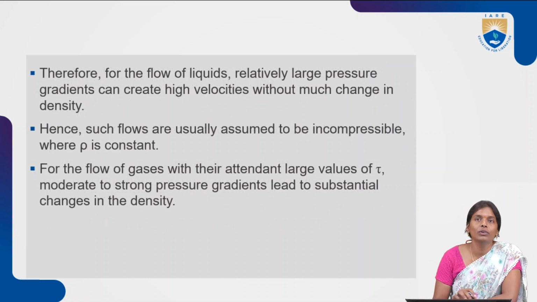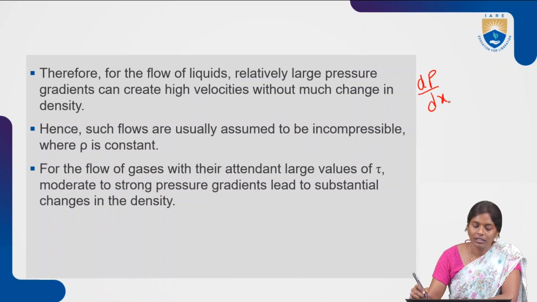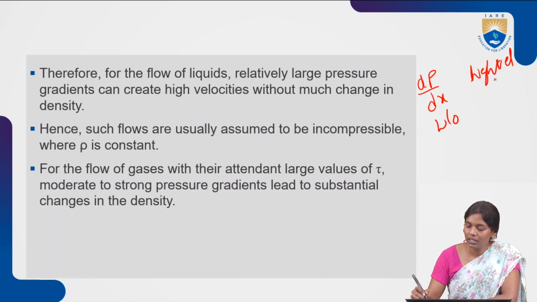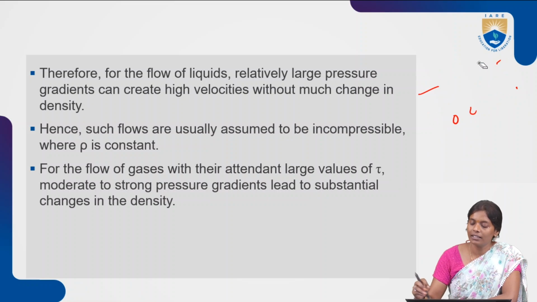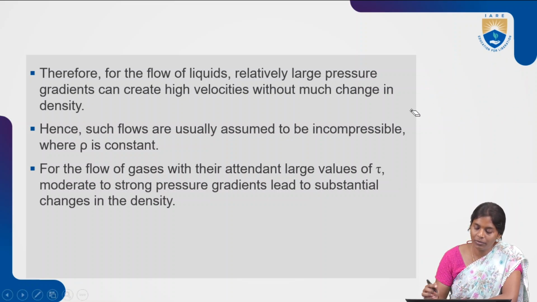Therefore, for liquids, larger pressure gradients dP by dx can create high velocities without much change in density. This kind of flow we call an incompressible flow. That is applicable for liquids, right?